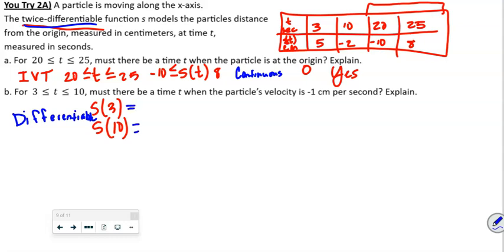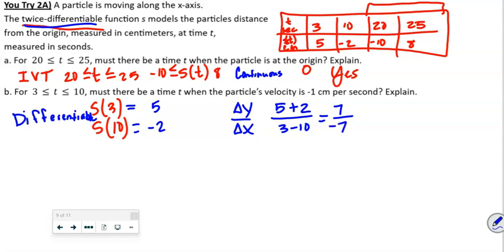S of 3 is 5, and S of 10 was -2. So we're going to go delta y over delta x. So we're going to do 5 plus 2, because it's minus a minus 2, and 3 minus 10, so that's going to be 7 over -7. And so I got -1, and here's our question.